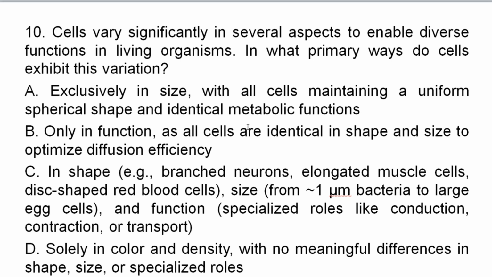C. In shape, for example, branched neurons, elongated muscle cells, disc-shaped red blood cells, size from approximately 1 nanometer bacteria to large egg cells, and function, specialized roles like conduction, contraction, or transport. D. Solely in color and density with no meaningful difference in shape, size, or specialized roles.